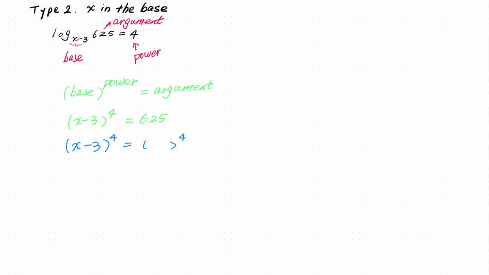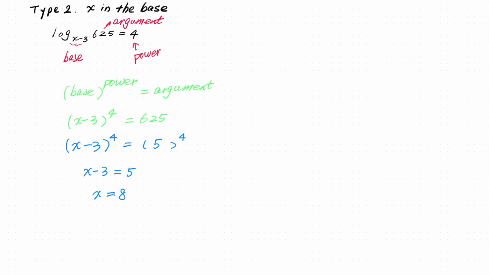This number is actually 5. Then on both sides, the bases are raised to the power of 4, so we know that the bases must equal each other. So we have x minus 3 equals 5. Then we get x equals 8.